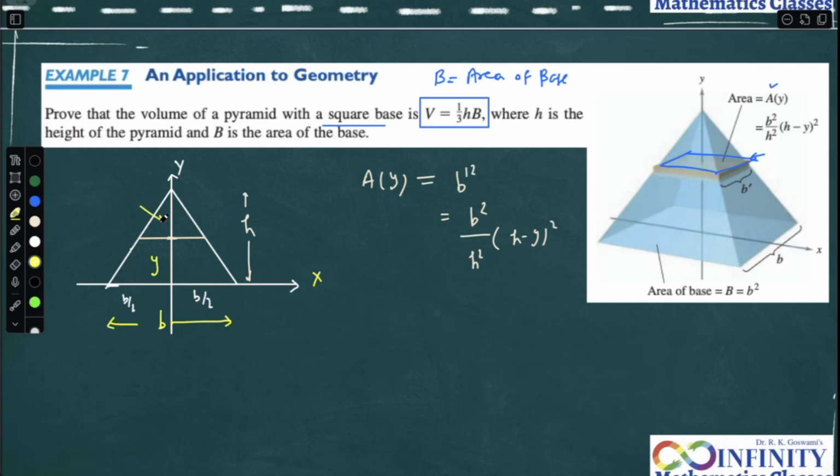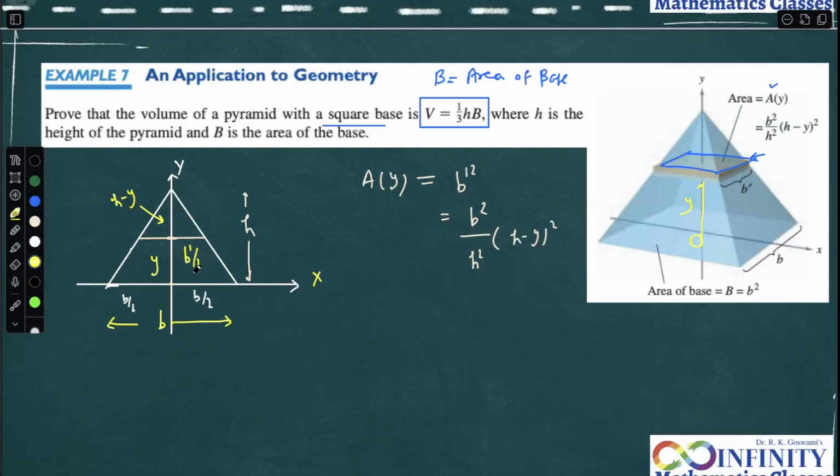So what will be this length? It is going to be h minus y. Do you agree? Because whenever you measure the height from the origin, this is the origin, so the origin is at the base. You're measuring the height from the origin, so this height is going to be y for you. So what is this height? This is going to be h minus y. This is going to be b prime, b prime by 2.